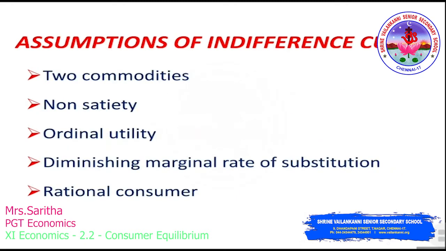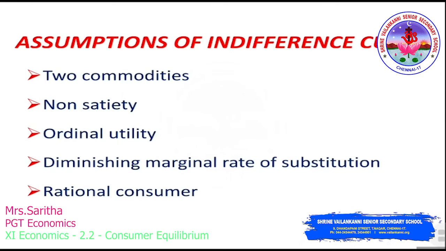Let's move on to the other one. Assumptions of indifference curve: two commodities, non-satiety, ordinal utility, diminishing marginal rate of substitution, rational consumer. The first one, two commodities. It is assumed that the consumer has a fixed amount of money, the whole of which is to be spent on the two goods, given constant prices of both goods.